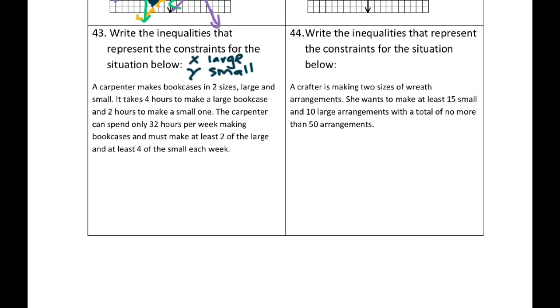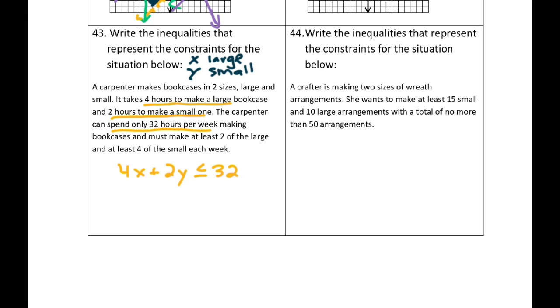So my first equation, it takes him 4 hours to make a large, 2 hours to make a small, and he can spend only 32 hours making these. So this would be 4x plus 2y is less than or equal to 32.